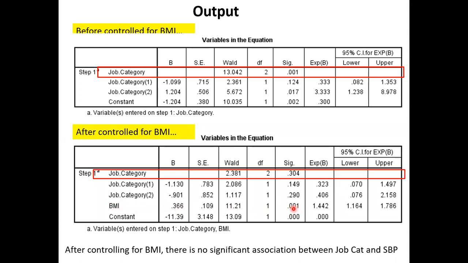Yes. Earlier, when I did the analysis, we found that for job category there was a difference, and BMI also had a difference. When put together, it's only BMI, not job category. And that's why I say no difference between job categories, right?